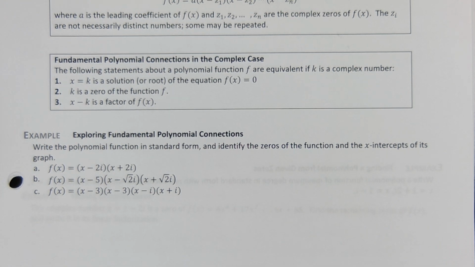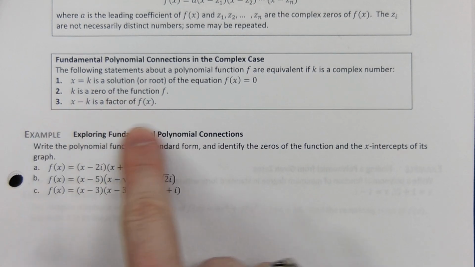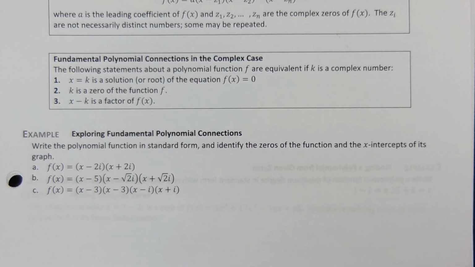The only difference is one of them is missing from this box because it says if k is a complex number. You might have noticed that x-intercept is missing from the box. And that's because complex numbers, by definition, as long as they have an imaginary component, are not on the x-axis. So they cannot be x-intercepts.